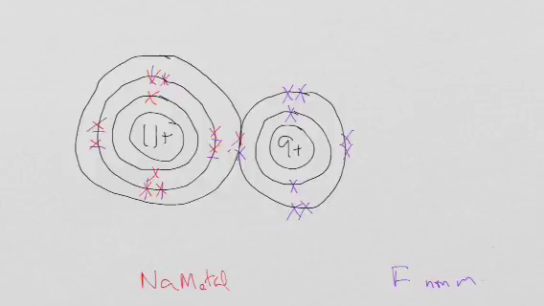Now, what we see here is something called an ionic bond. An ionic bond will always happen between a metal and a non-metal.